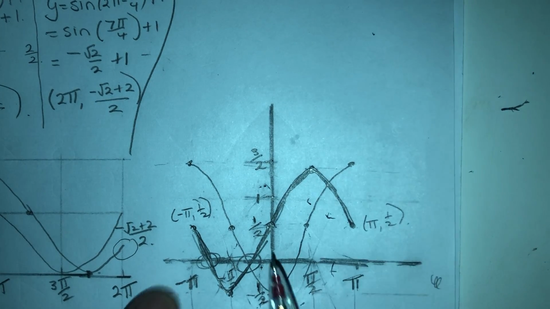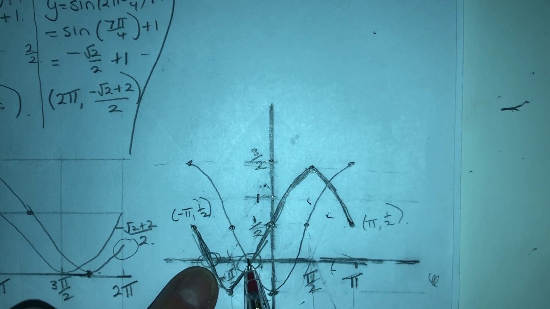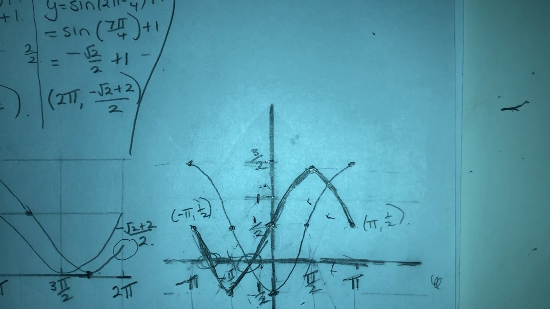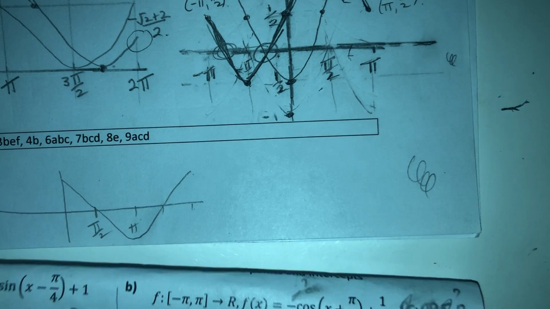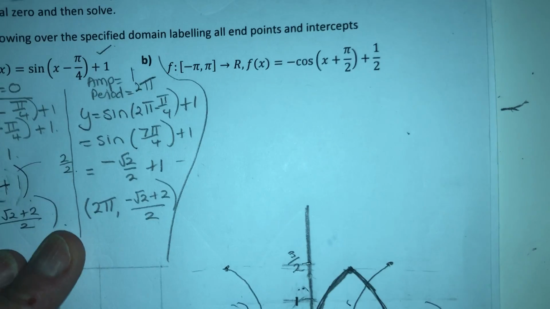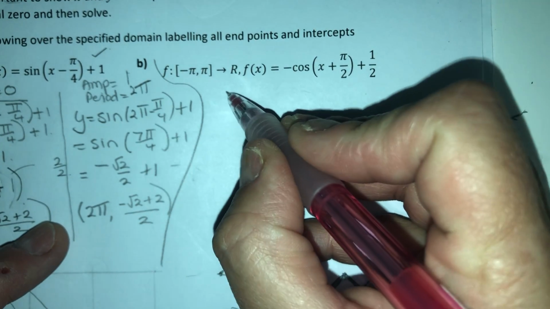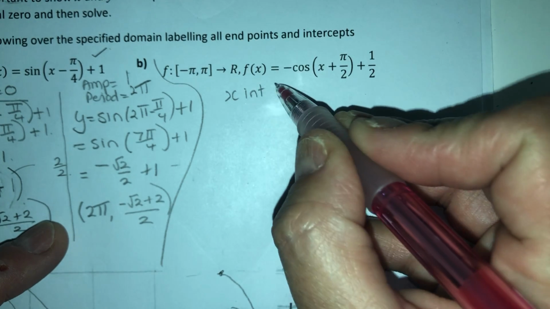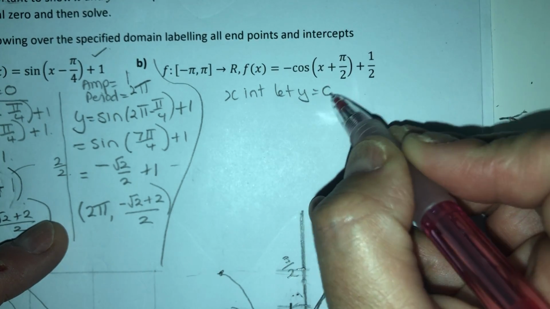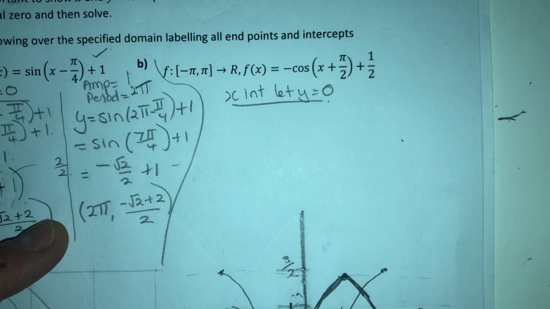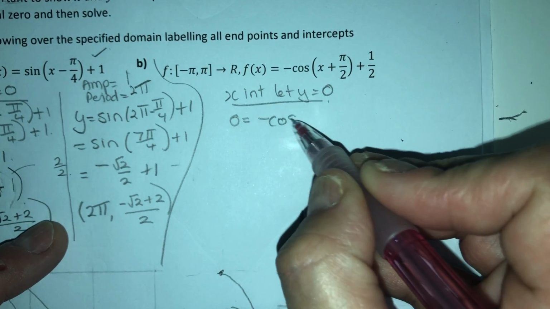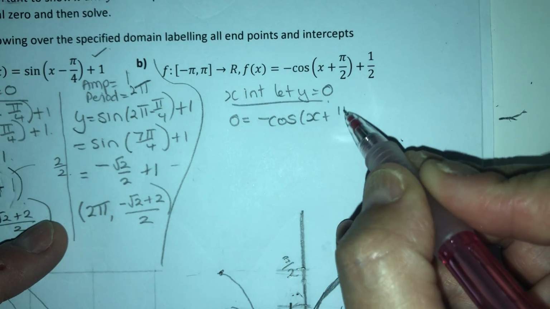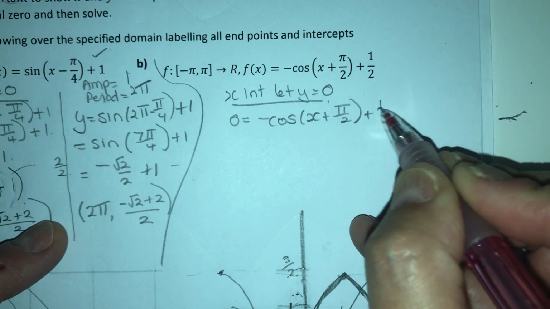Okay, so the things we don't have here, all the other ones are okay, we know what they are, but we don't have the x-intercepts. Okay, so we're going to find them now. So if we come back up here and we do that, so we're going to do x-intercept, let y equal 0. Okay, so 0 equals minus cos(x plus pi on 2) plus a half.